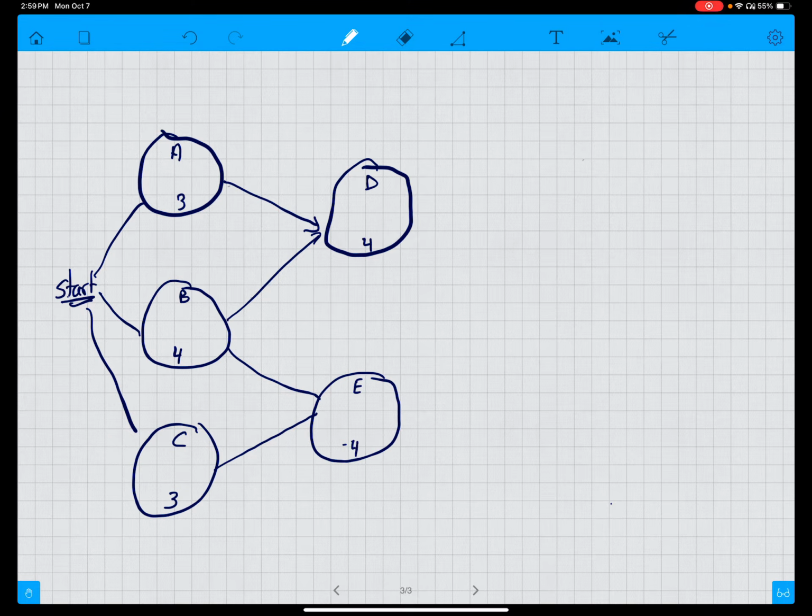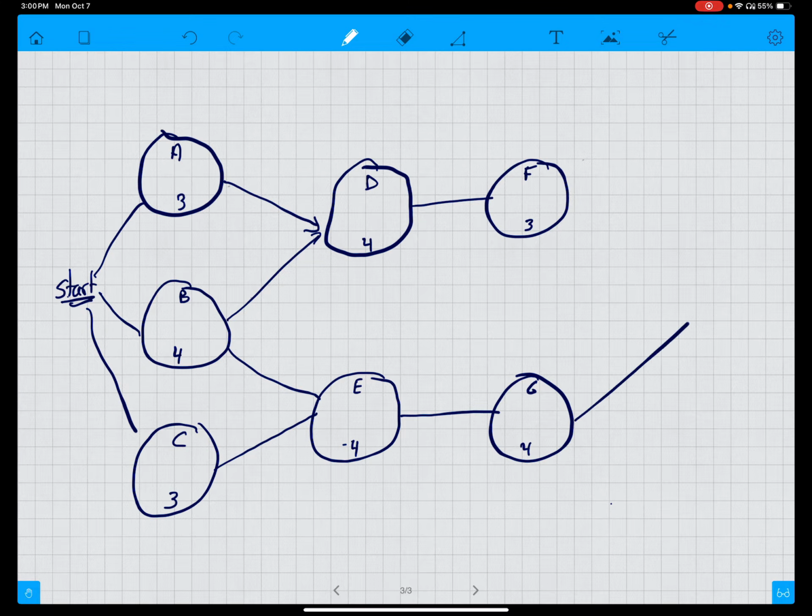We have the lines coming from both B and C, and then F comes out of D and is 3 days. G comes out of E and has 4 days. And then there are no more tasks, so those both go into a finish node. Again, just to give you some clarity and make it clear, I like doing it in my head.